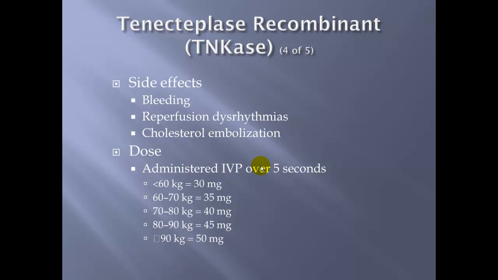Side effects: bleeding and reperfusion dysrhythmias. Let's talk about this for a second. We get reperfusion dysrhythmias because all of a sudden we give everybody a fresh breath of air. Every cell in the heart has the ability to generate its own stimulus and its own beat.